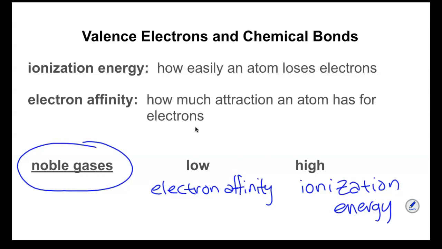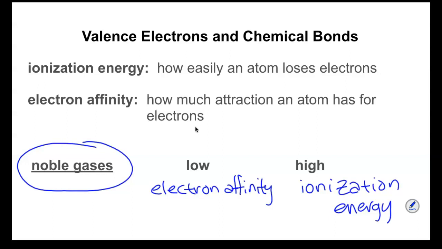Okay, I need you guys to think of the alkali metals. You might want to take a periodic table out and look at the alkali metals quickly, and you may want to pause the video and ask yourself about the ionization energy and the electron affinity for alkali metals. Are they going to be high or low? I'll let you pause the video and then come back.